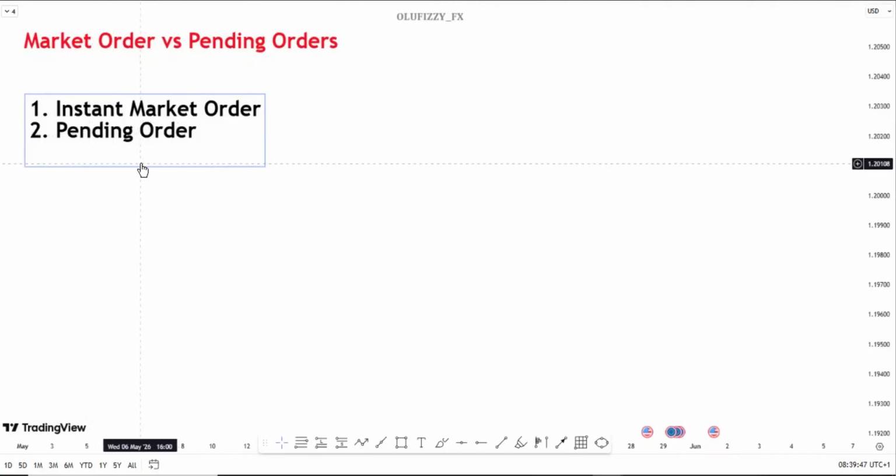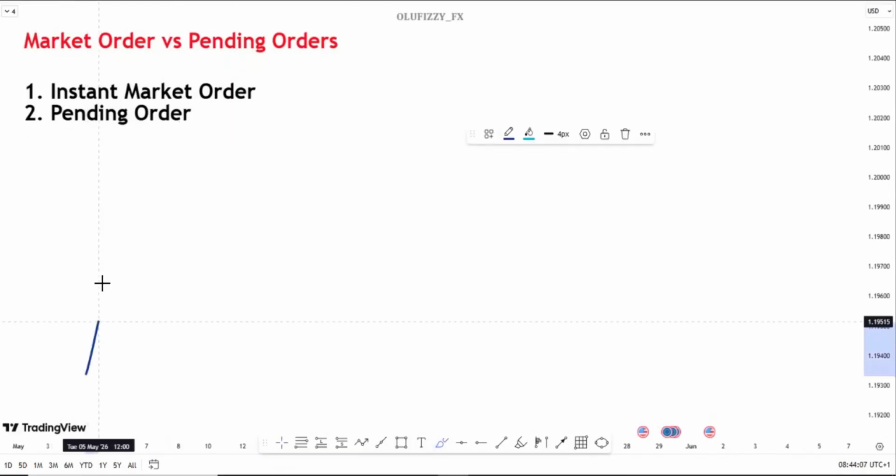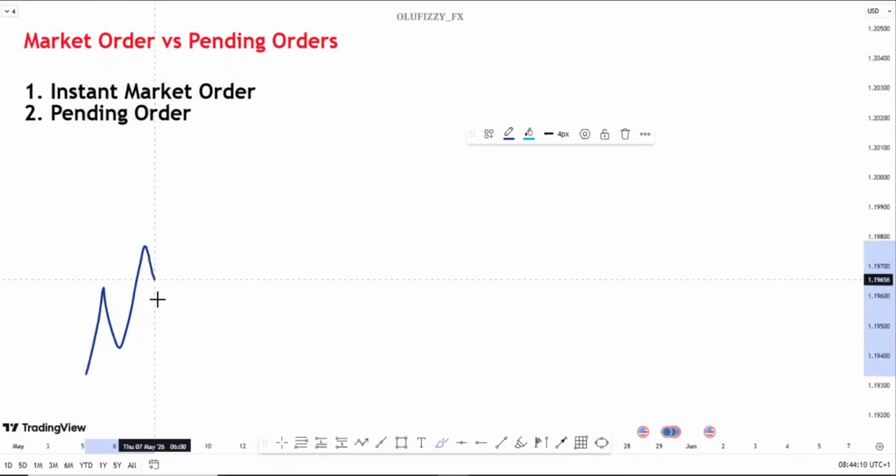What is market order, or you can also say instant market order. So instant market order means when you enter a trade immediately at the current market price. So let's say now, for example, we have a chart, we have a market. And when price gets to this particular region, you want to enter your trade.